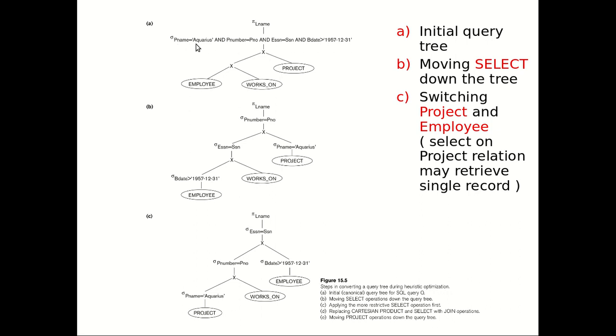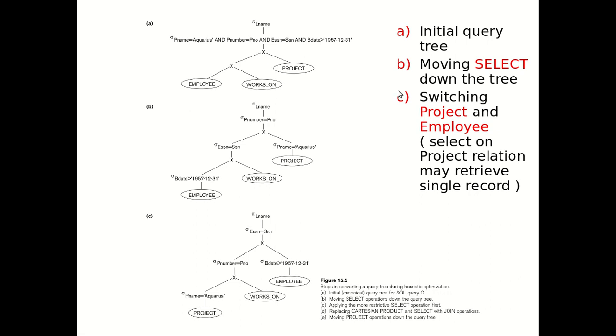The whole condition is: P name is Aquarius, and P number should be equal to P number, ESSN should be SSN, and birth date is greater than this date. And finally a project operation with lname, the attribute that we want to retrieve.